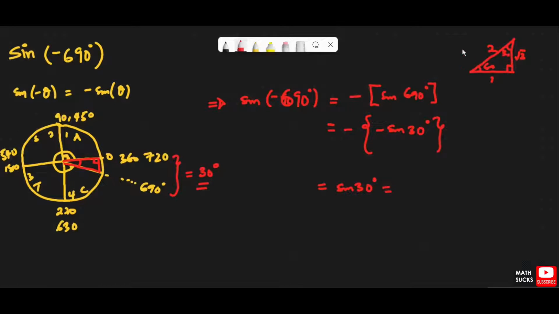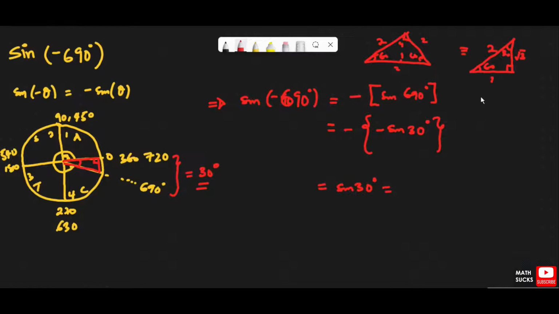This is derived from half of an equilateral triangle, which has angles of 60, 60, 60 inside, and sides of 2 and 2. If you bisect it and subdivide it into two halves, you come up with this, whereby you can find the height of the triangle as root 3.